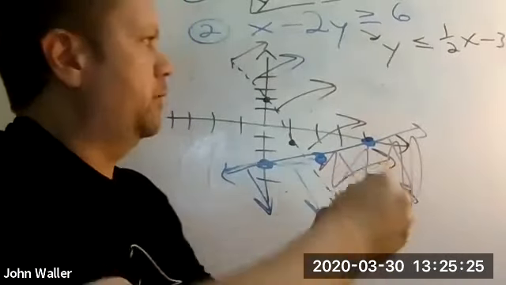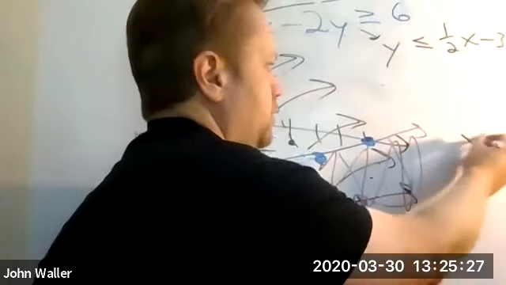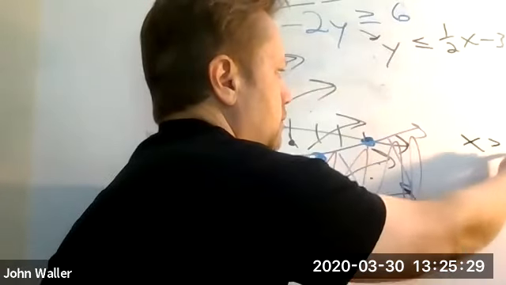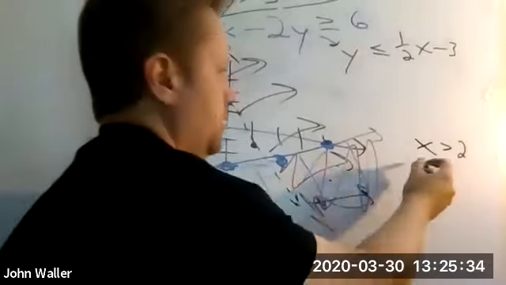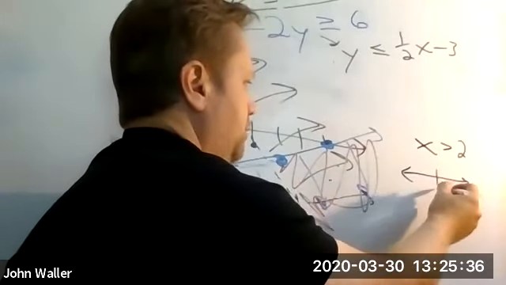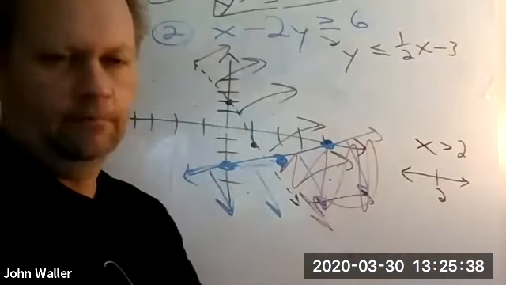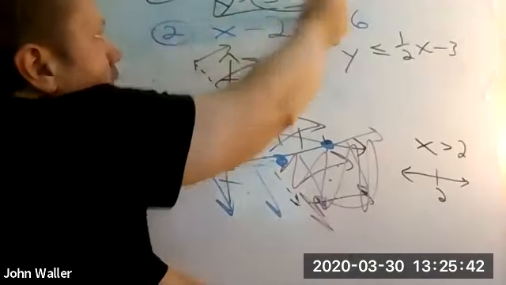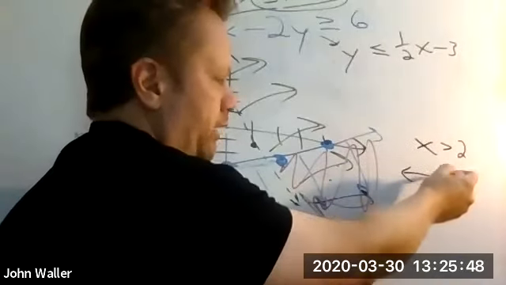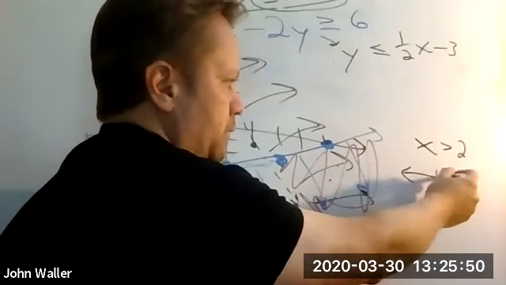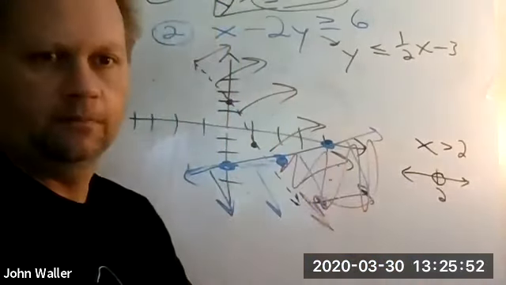Real quick, let me put it over here on the side. So if I said to graph x greater than 2, you would do this, right? You would put the point that's most important. 2 is the most important, so the most important thing is that line. So we put the line. Now, what do we put on it? We should put a parenthesis, but back in the day, you put an open circle, because it's not allowed to equal 2.